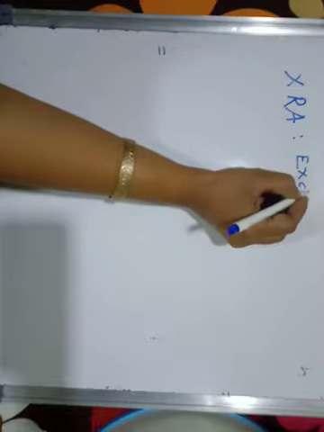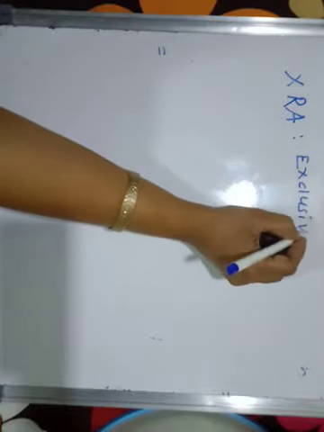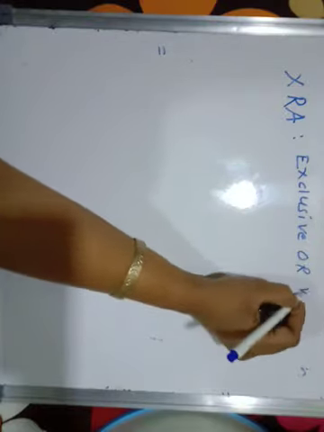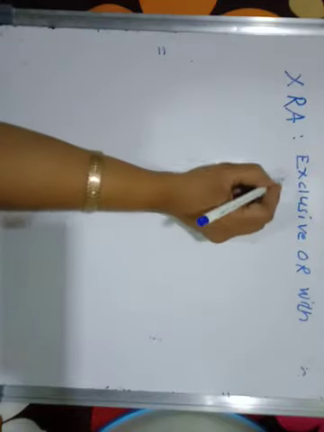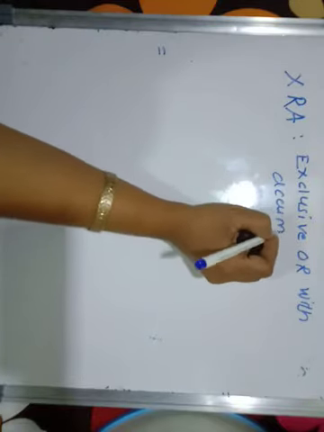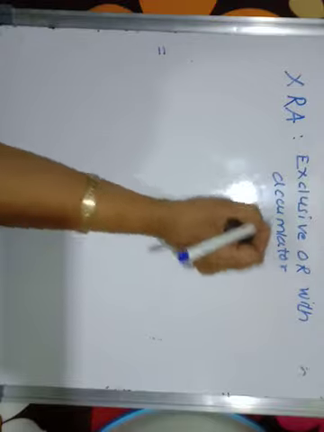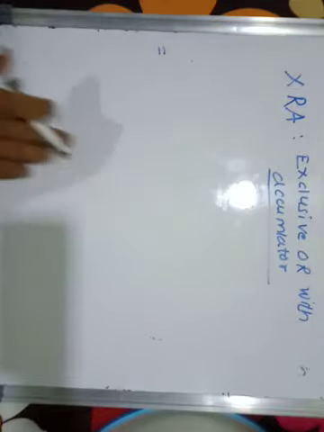So it is exclusive OR with accumulator. We know the truth table of exclusive OR.